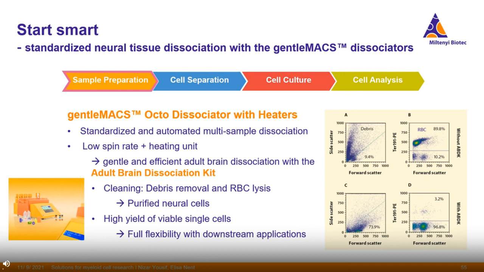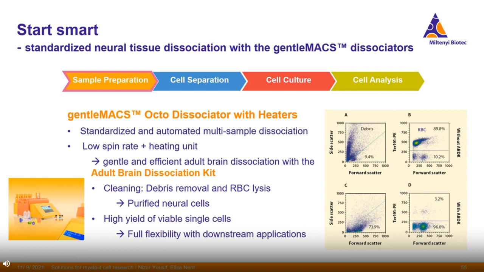And as I mentioned earlier, adult brain tissue is a bit tricky to work with because it can generate huge amounts of cell debris and red blood cells, which then hampers downstream applications such as cell isolation, cell culture, or single-cell sequencing.